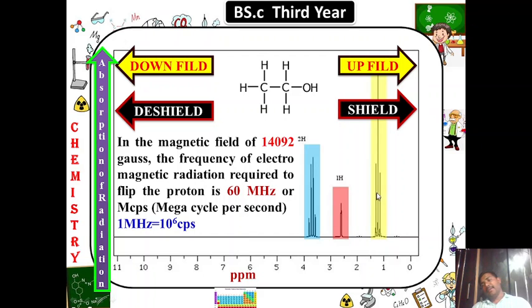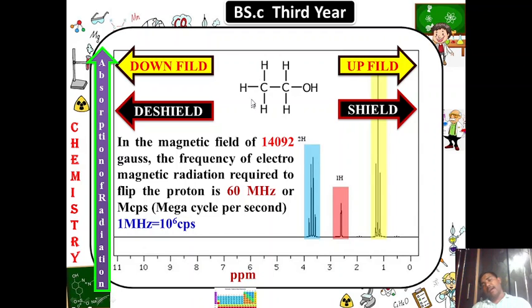How does it give a triplet, a singlet, and a quartet? Because the spectrum measures the neighboring protons. For this carbon, the NMR peak is this one, and its neighboring carbon has protons 1 2 3.